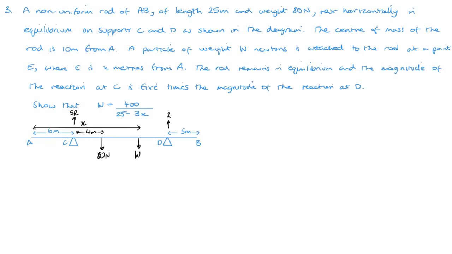Show that W equals 400 over 25 minus 3x.